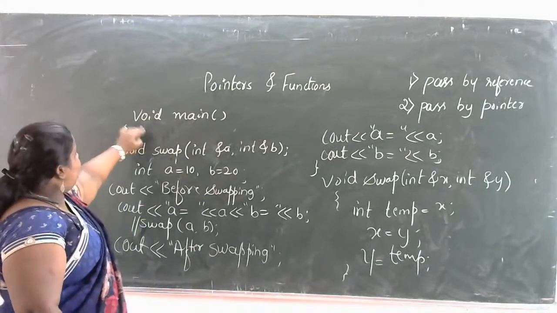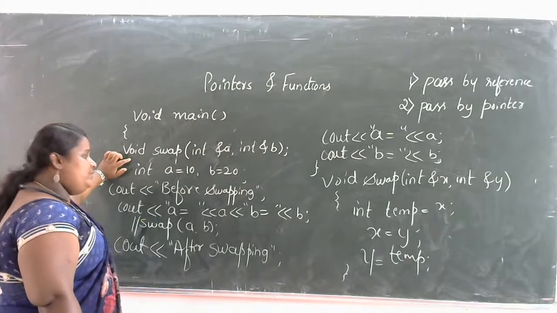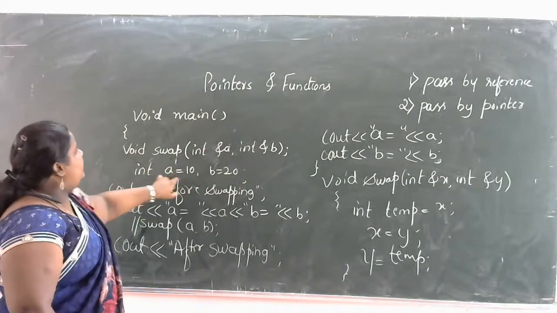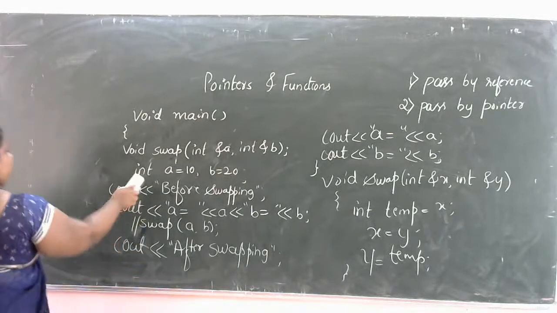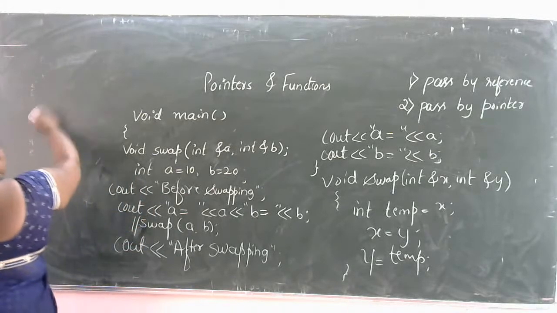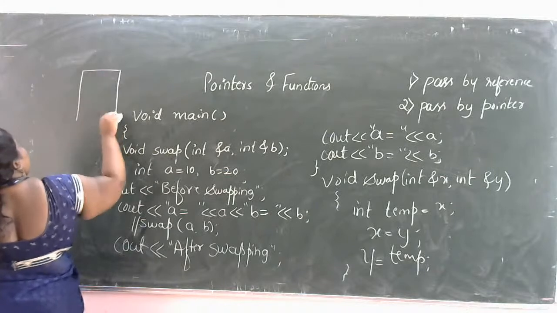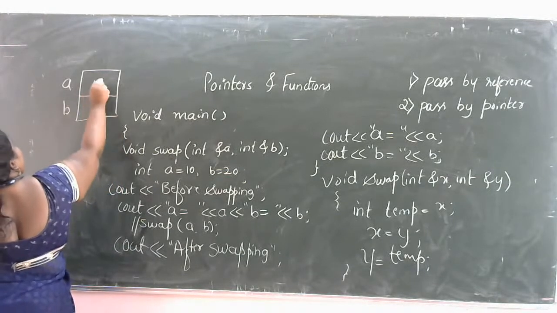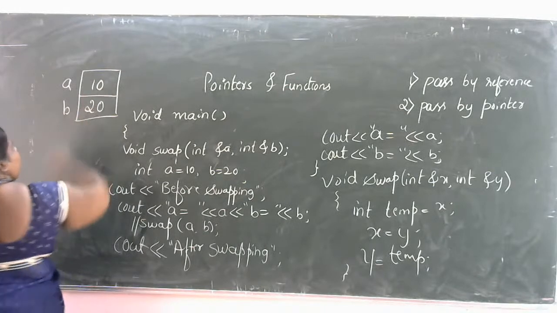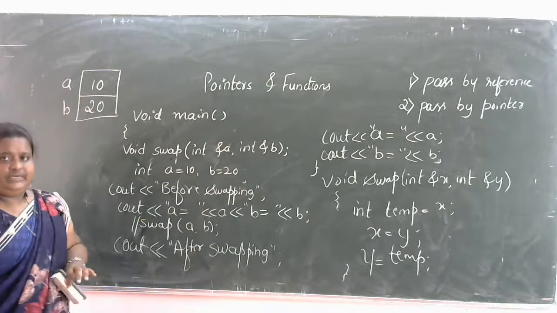Flow starts with the main function. Here we have declared a user defined function, and we have declared two variables of type integer. It means in memory, 2 bytes will be allocated for a and b, and the values of a and b are 10 and 20.